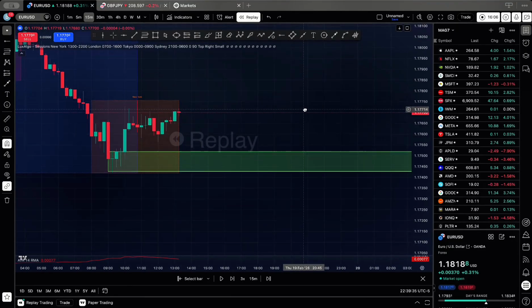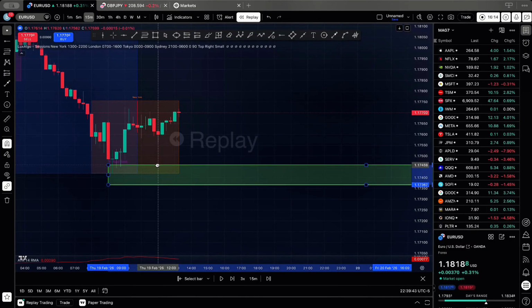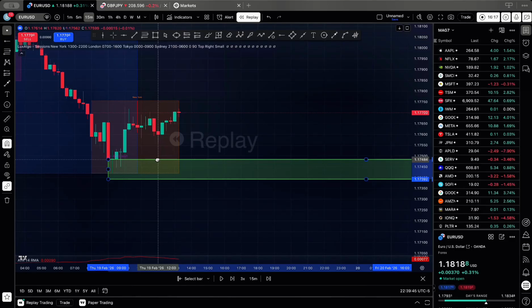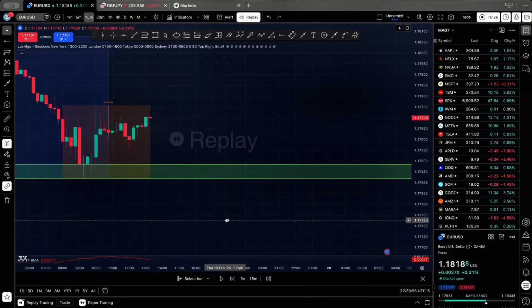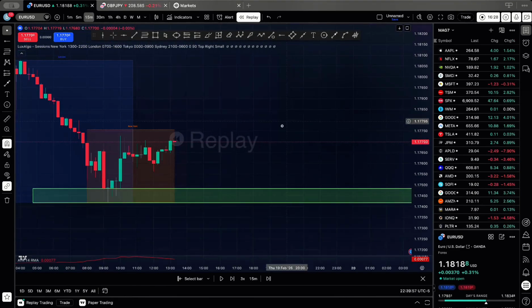At the lower time frame here, as you can see, we can adjust our zone. Our zone is gonna be just right here, okay? And it's gonna be this one here. This is our zone. Now we are waiting for the pullback, okay?